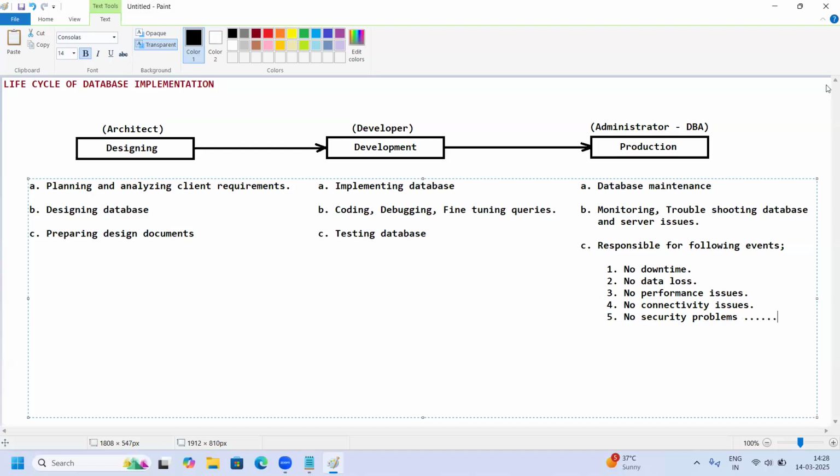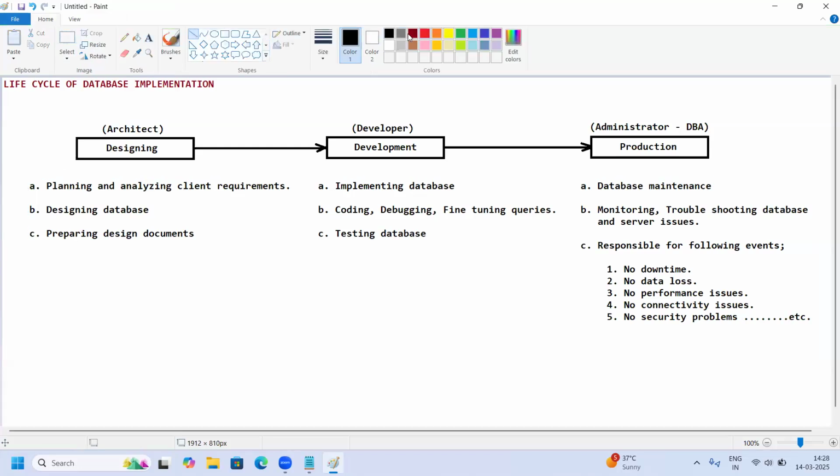Never we find, etc. No security problems. This is what you come across when dealing with the life cycle of database implementation. This is the flow you find available with database implementation.